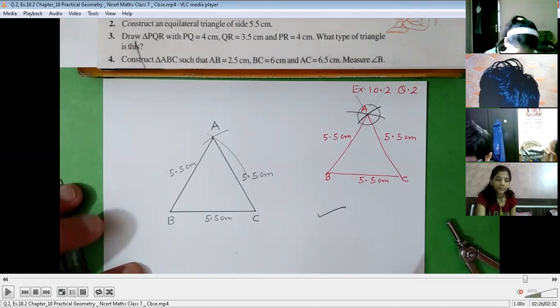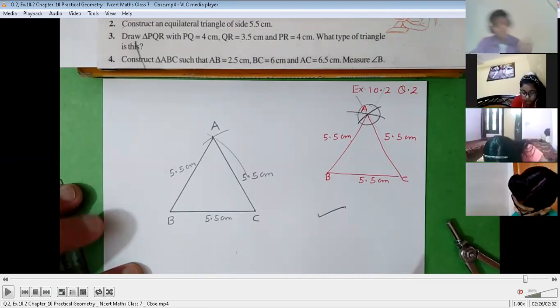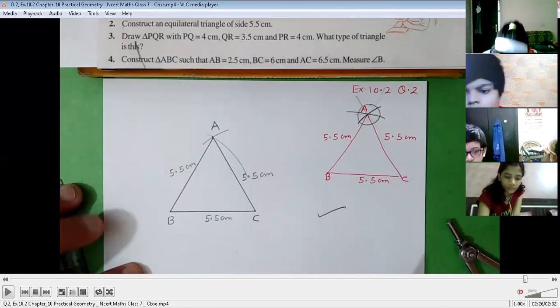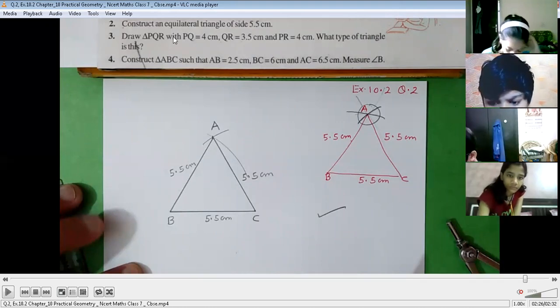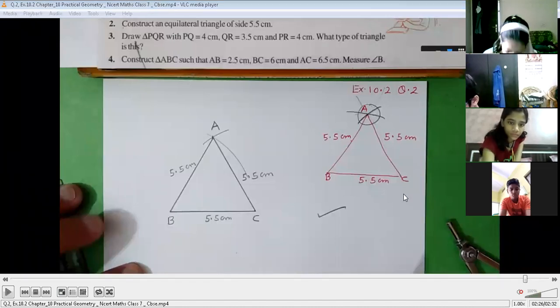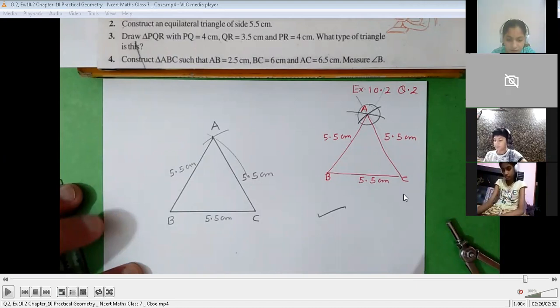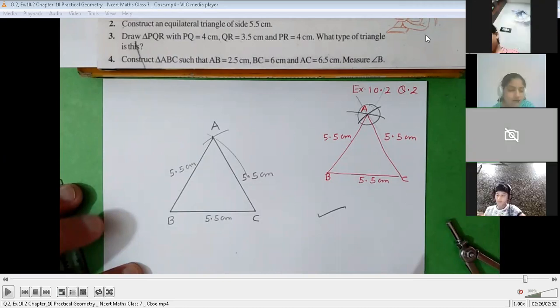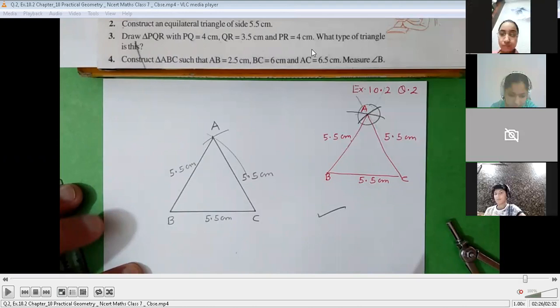Yes, show me your diagram. Okay, right, absolutely right. So the second step will be with B as center and radius 5.5 centimeters, draw an arc.